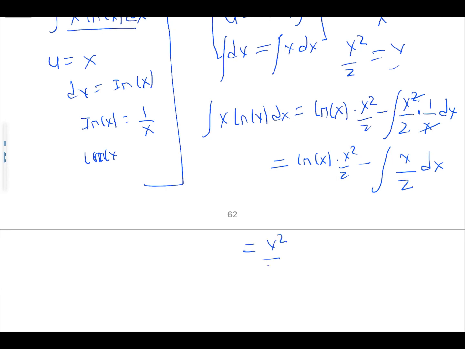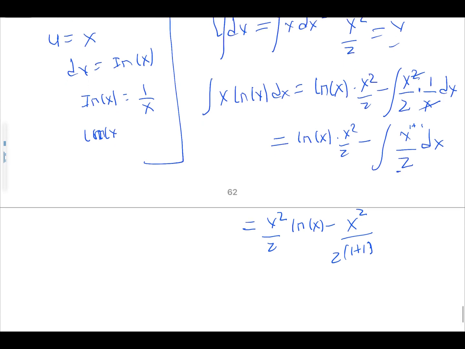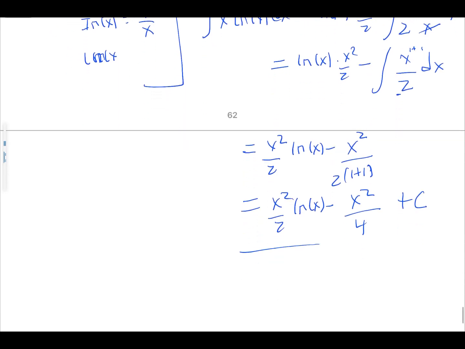So you are going to get your final answer to be x squared over 2 ln x minus x squared over 2 into 1 plus 1, which is the power, because we need 1 plus 1 here to be 2. Then remember there is a 2 here. So at the end of the day, you are going to get x squared over 2 ln x minus x squared over 4, because 1 plus 1 is 2 times 2 is 4. Don't forget it's an indefinite integral, therefore plus your c.